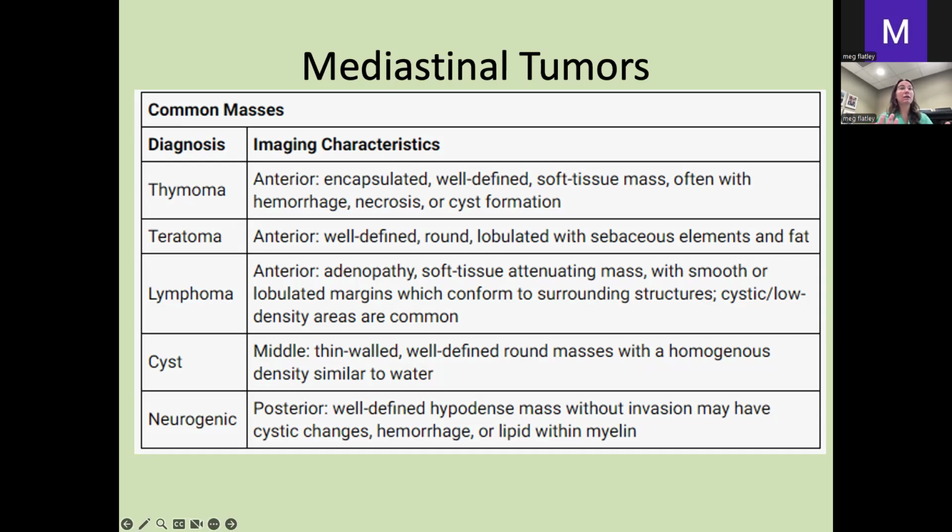So of people who have a thymoma, half are going to have myasthenia gravis, but the inverse is not true. Most people who have myasthenia gravis are not going to have a thymoma. Only 10% of people with myasthenia actually have a thymoma.